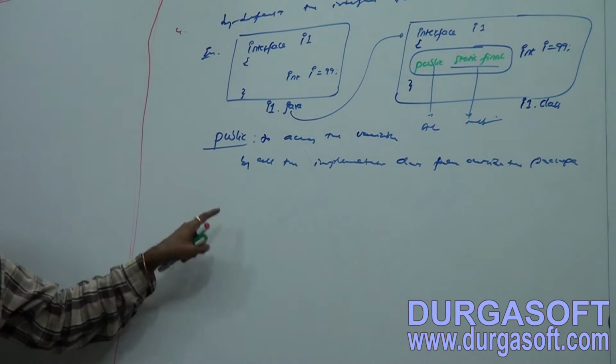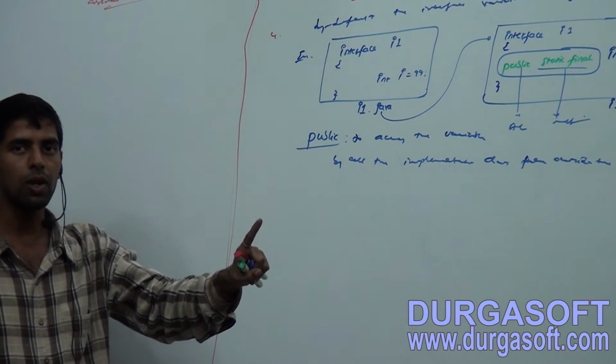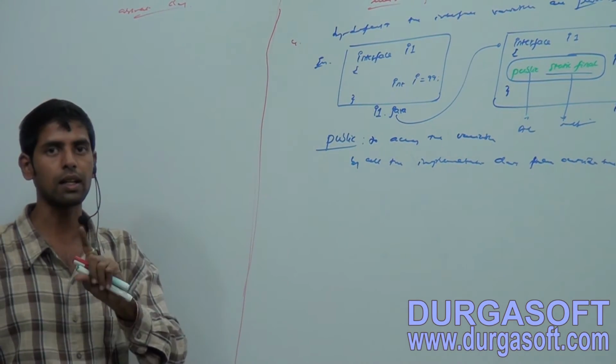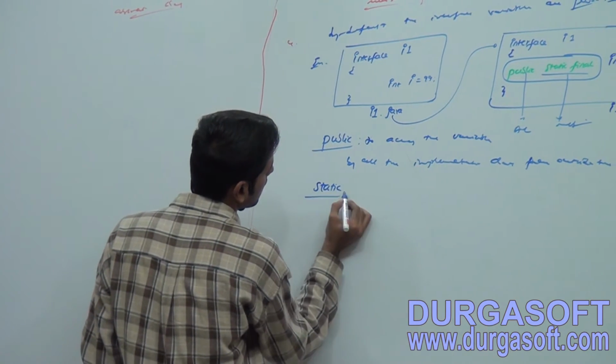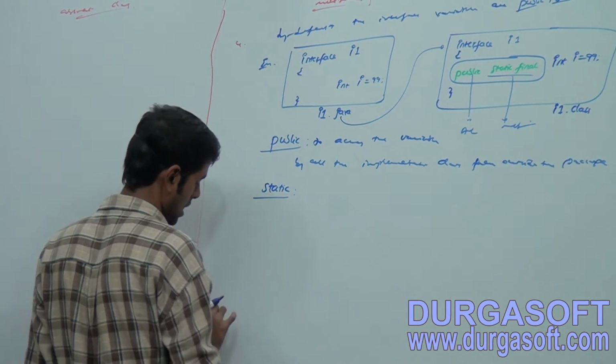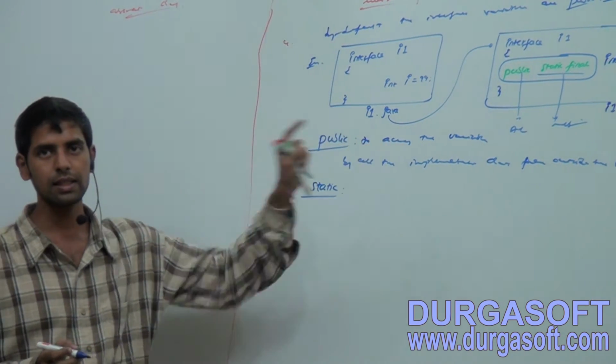Why are interface variables declared as static? Simple thing. In order to access them.